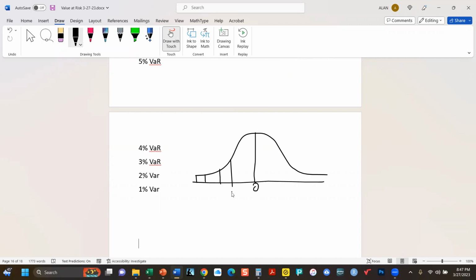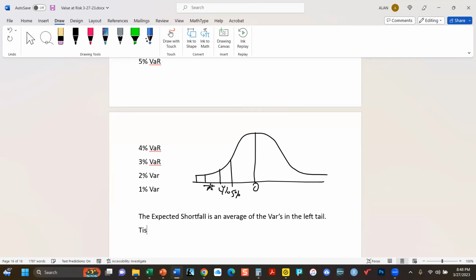Okay, so 5, 4 reaches us down to here. 3, 2, 1, and then you average them out. So in other words, expected shortfall is an average of the VARs in the left tail.